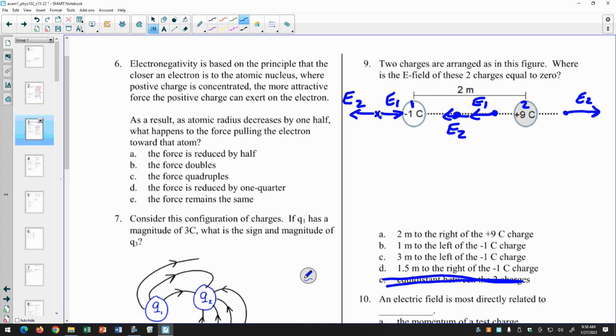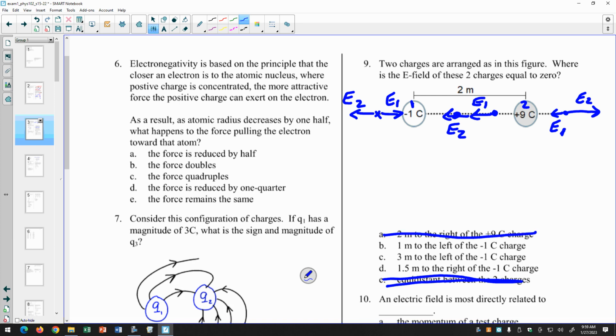A lot smaller, right? Because this is a really big charge. This is 1/9 of that charge, and it's farther away. So Q is small, R is big. That means my electric field is going to be really small. So I'm going to draw E1 like that. Not possible for that to be anywhere to the right of the 9 coulomb charge.